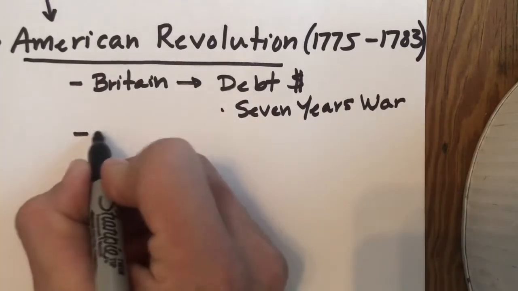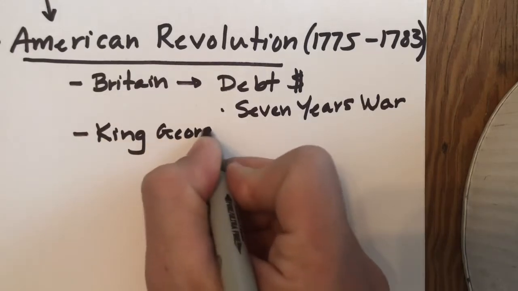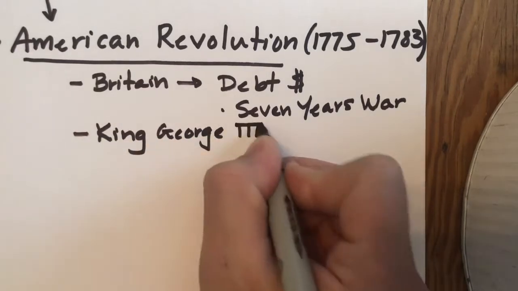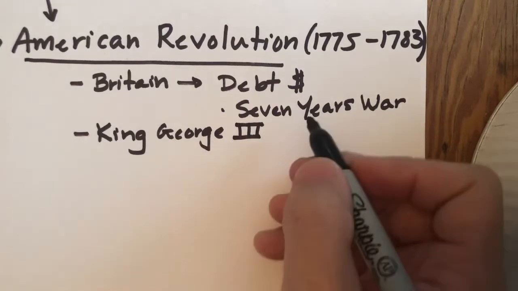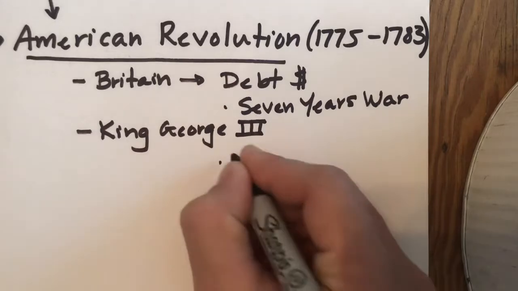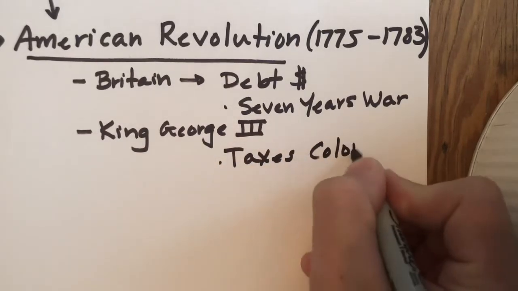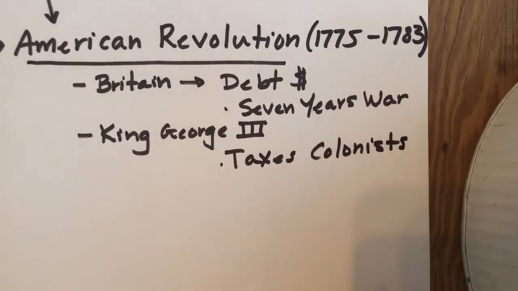So what King George III does, with Parliament, is that he taxes the colonists in these newly won territories in the 13 colonies.